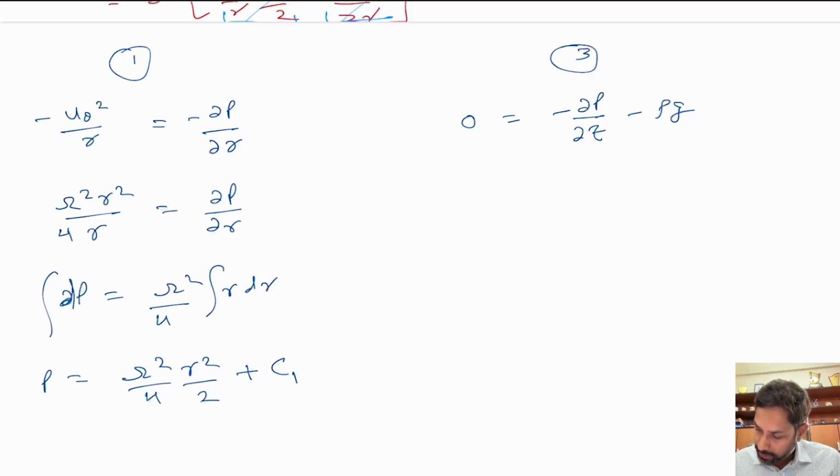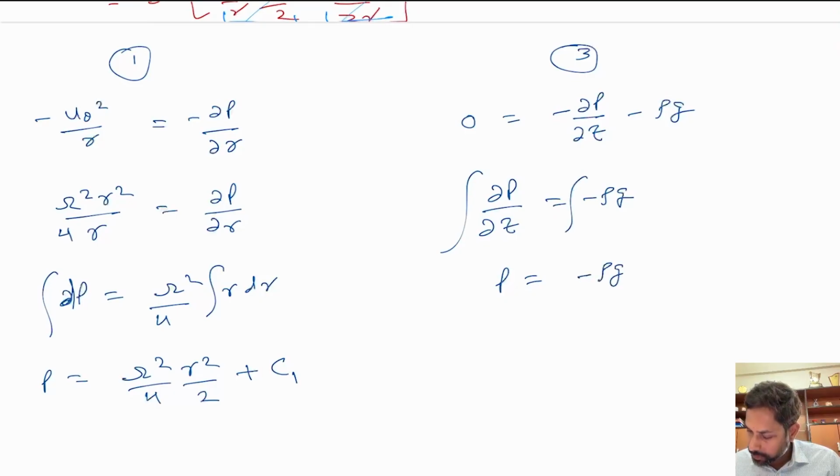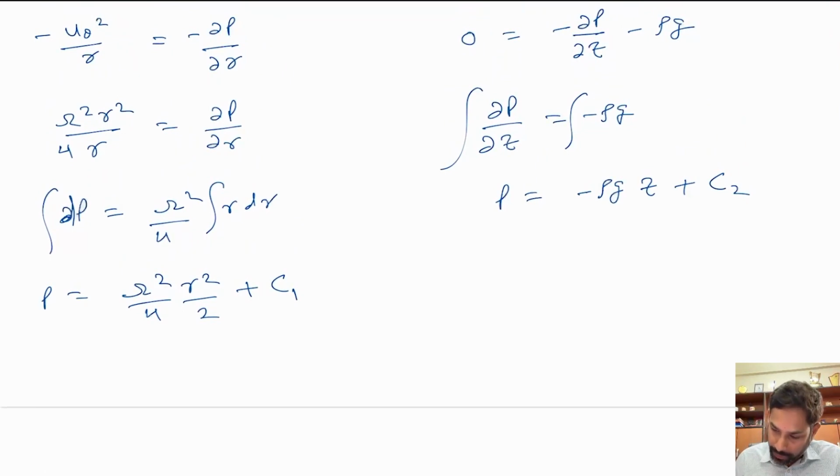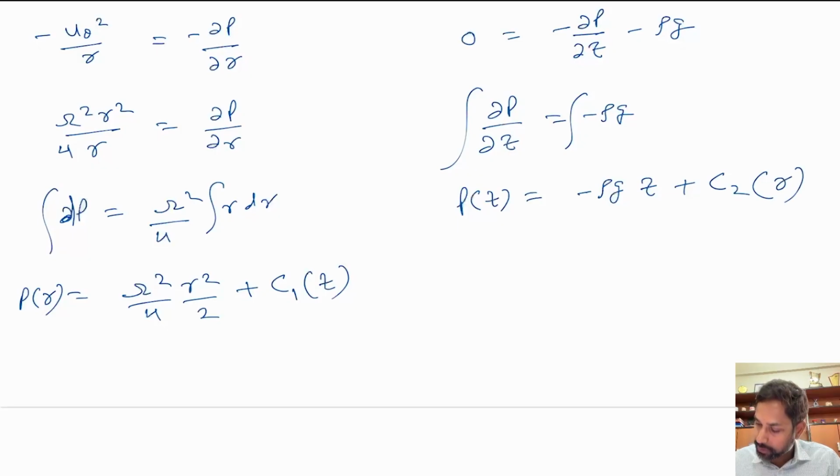Whereas for the other side we get dp by dz as minus rho g, so that gives us p as, if you integrate, minus rho g z, plus let's say c2, that is another constant. And we get one equation with respect to r, one equation with respect to z. So here this is p of r, where c1 can be a function of z, and here this is p of z, where c2 can be a function of r, right?